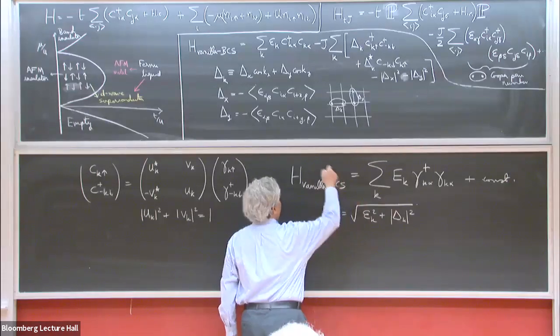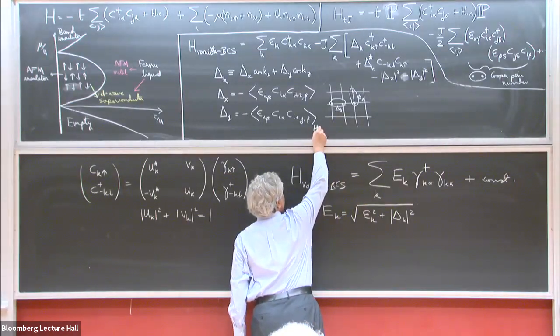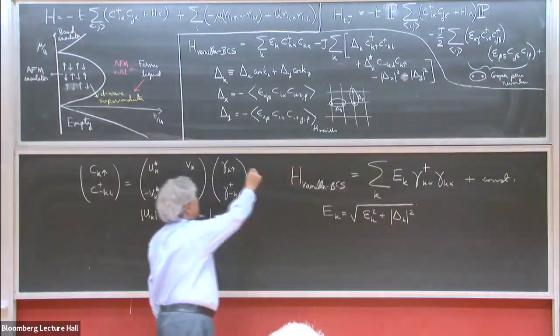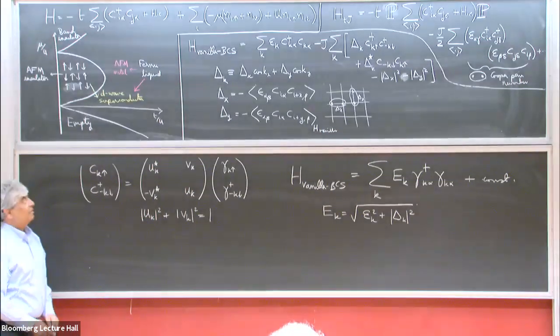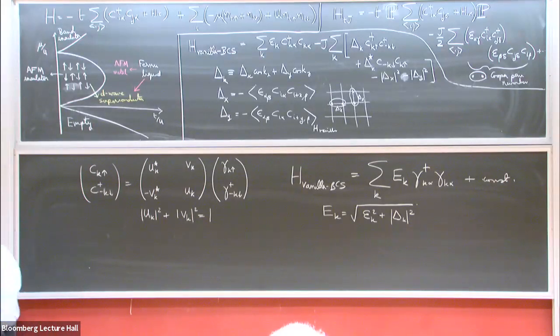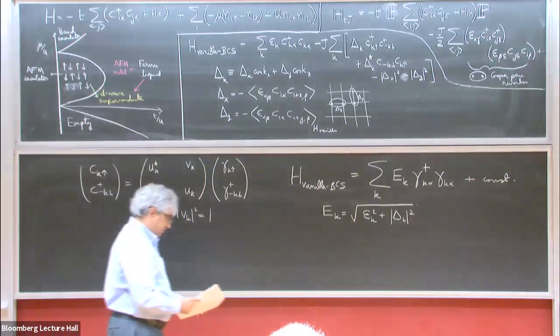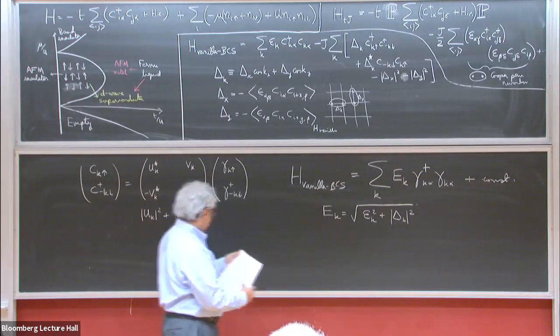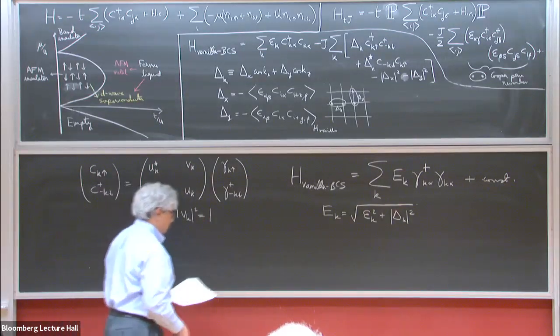Since this is a free fermion Hamiltonian, it's easy to compute that. So that whole procedure gives you a set of equations for delta_x and delta_y, which maybe I can write out. So when you close the circle on these computations, you get a set of equations for delta_x and delta_y, and they turn out to be the following.